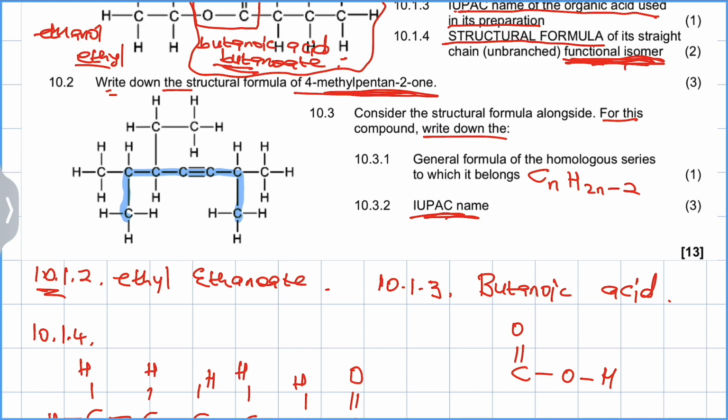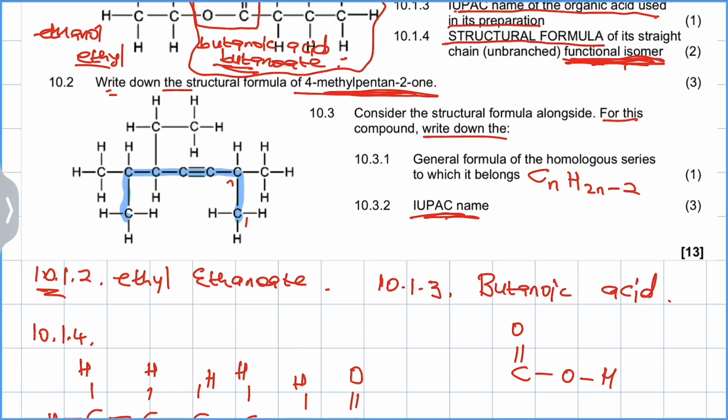And then we're going to number that in such a way that the carbon with the functional group will get a lower number. So if I go from right to left, 1, 2, 3, carbon number 3 is the functional group. From left to right, 1, 2, 3, 4. So that will be carbon number 4 with the functional group. So to get a lower number, we'll number from right to left.